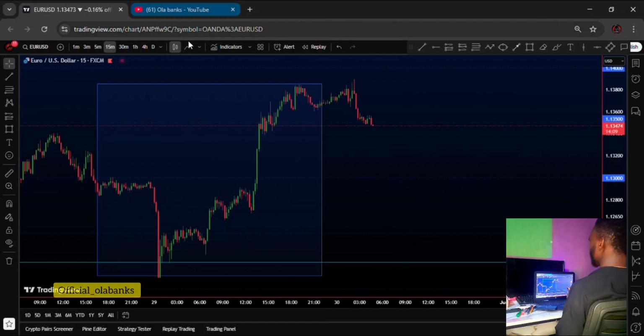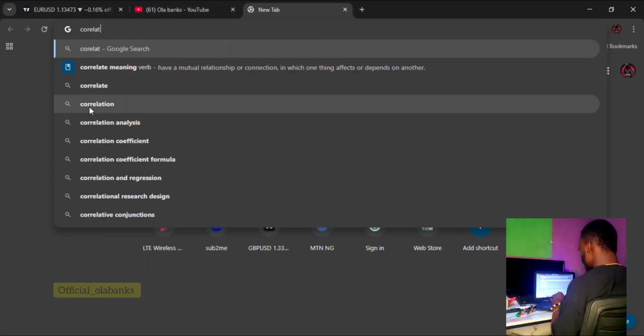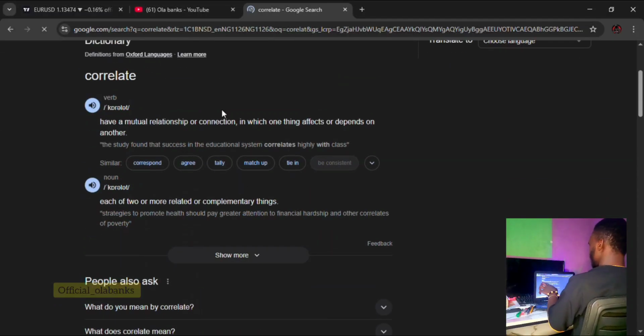First of all, what do we mean by correlation? What's the meaning of correlate? It says having a mutual relationship or connection in which one thing affects or depends on another.